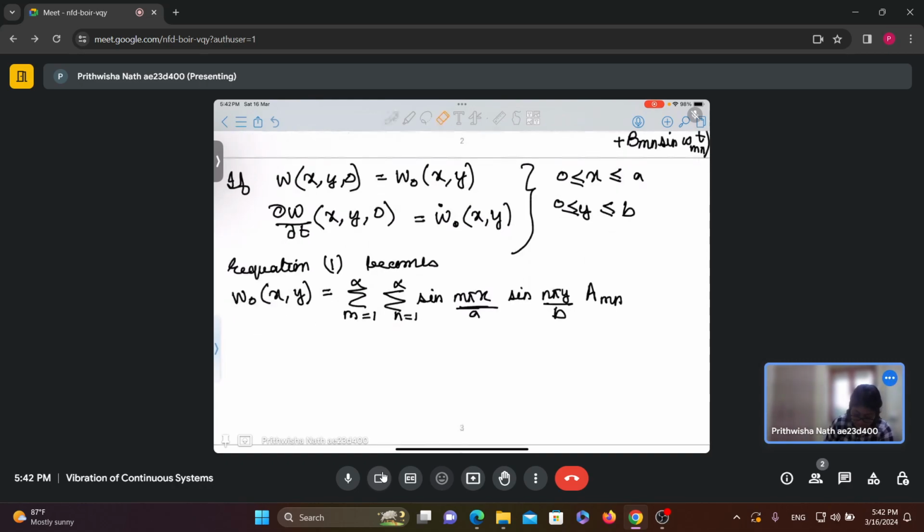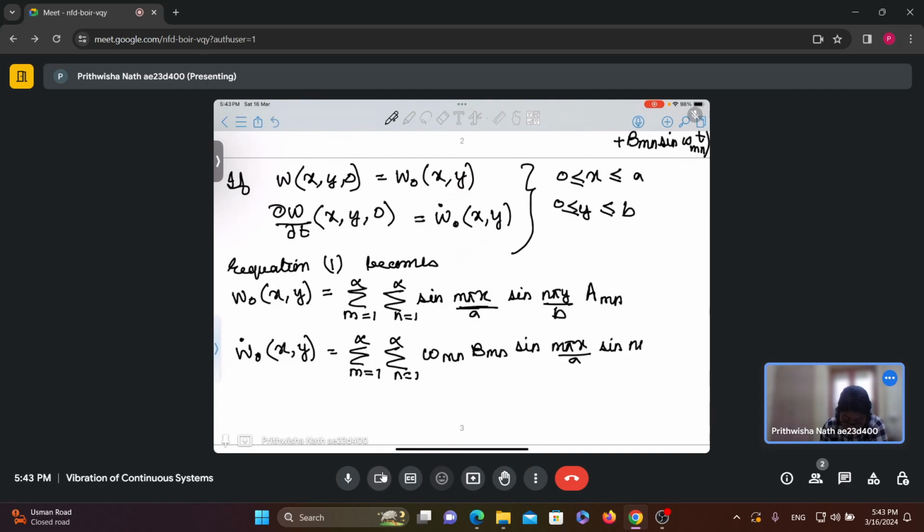And from the second condition, what we get is omega_mn B_mn sine m pi x by A sine of n pi y by B.